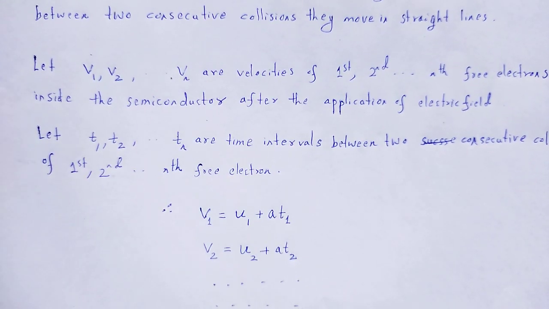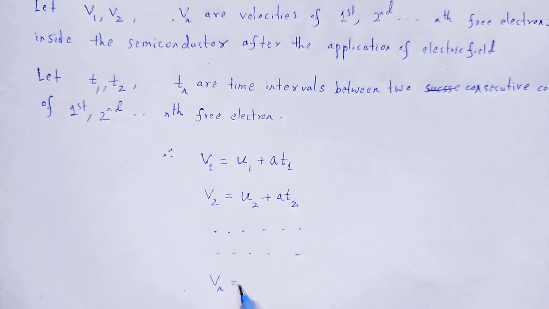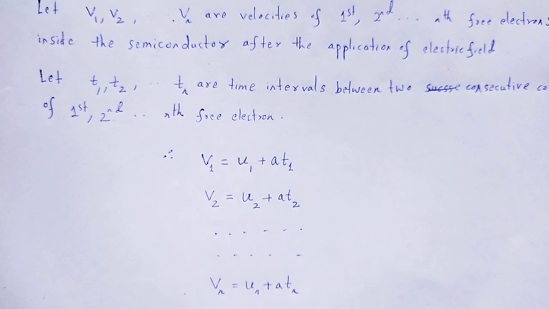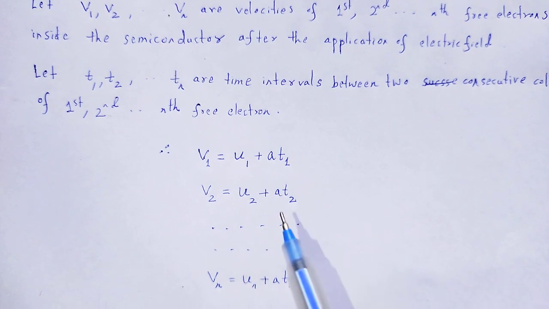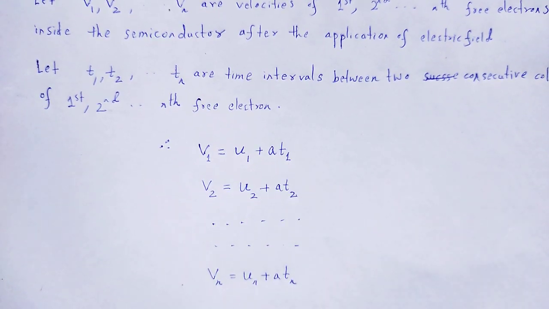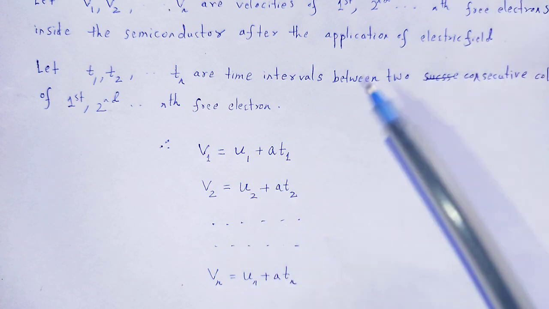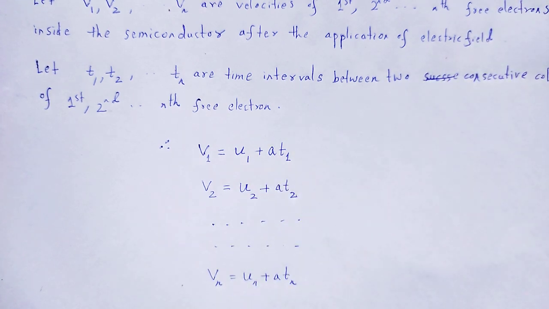We continue up to vn is un plus a tn, and the average velocity with which the charge carriers drift inside the semiconductor after the application of external electric field is known as the drift velocity.